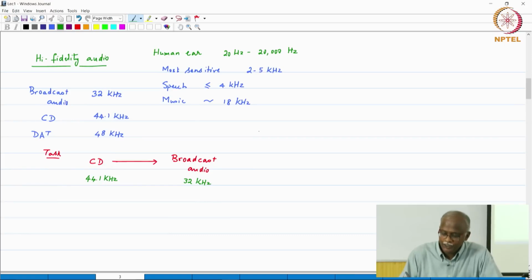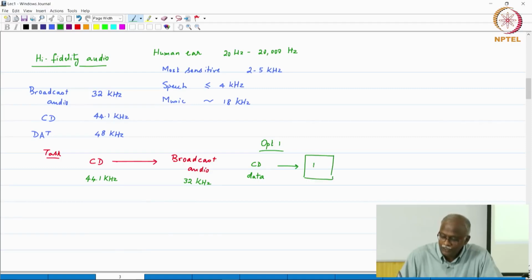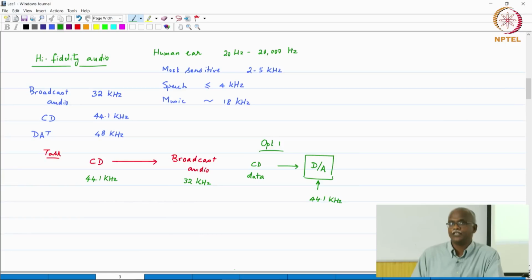Two options for us. One would be the brute force option, let me call it option 1. You can take the CD data, play it back, and convert it into an analog signal. That would mean that you pass your data through a D2A converter running at 44.1 kilohertz, so that it can produce the corresponding analog signal.